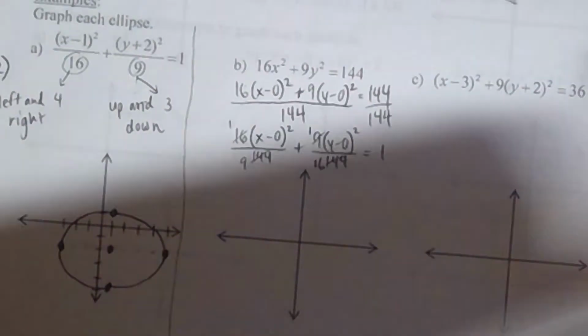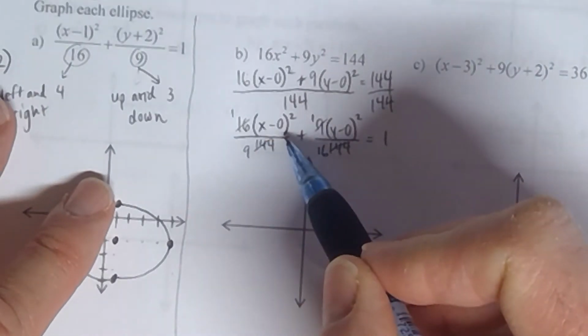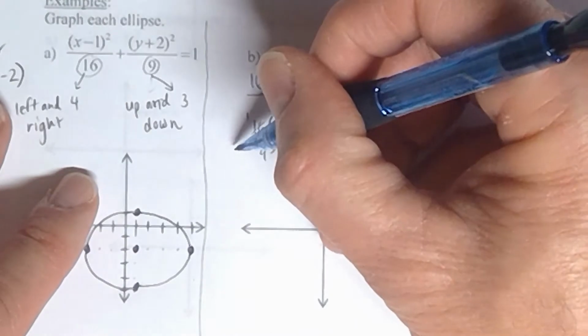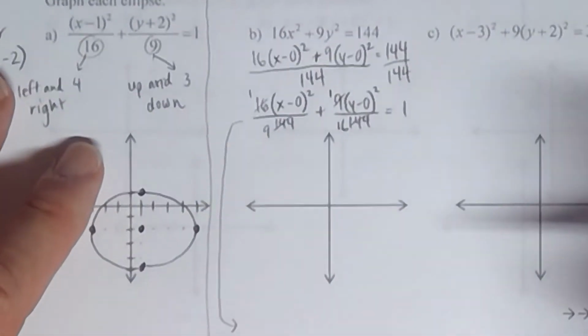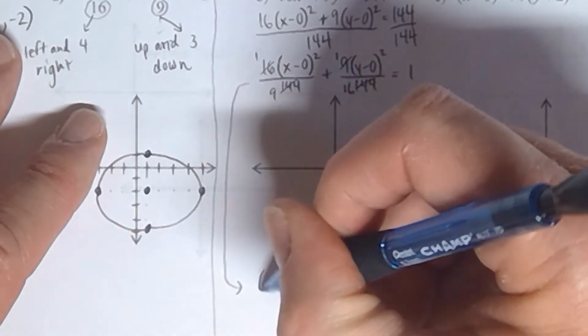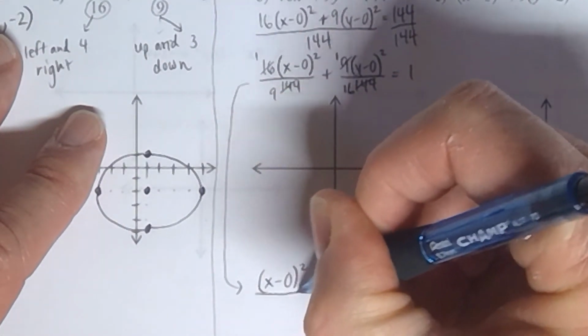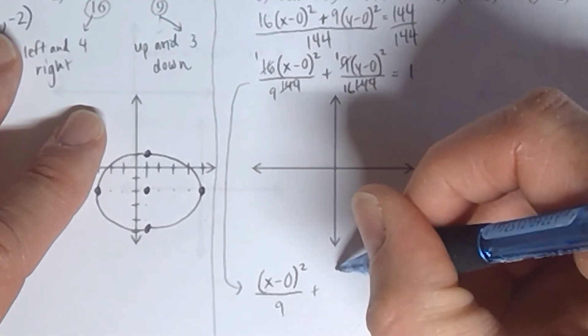Now, why does that work? It's because if there's a 1 in front of the bracket now, that's the same thing as having nothing in front of the bracket, isn't it? When you have 1 times a bracket, that's the same thing as nothing times a bracket, because we know that there's an invisible 1 in front of the bracket when there's nothing there. So let me just clean up my mess here, and this is what I get.